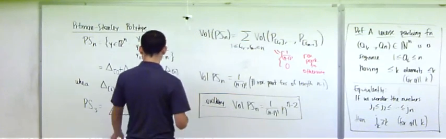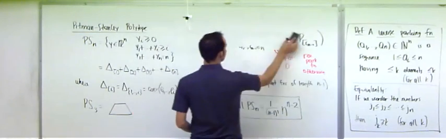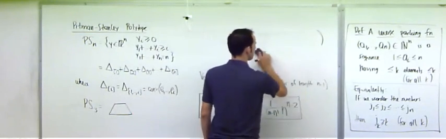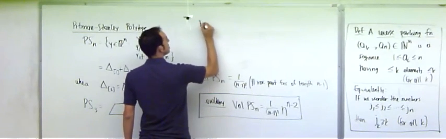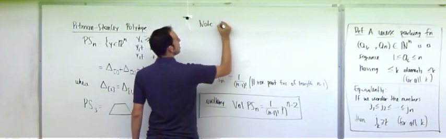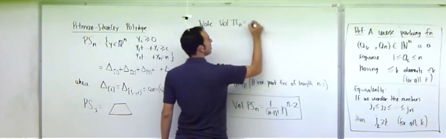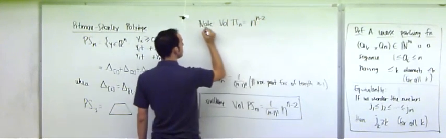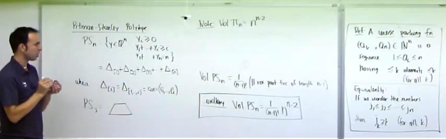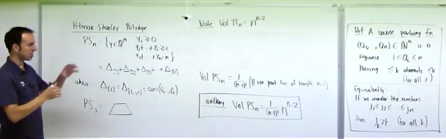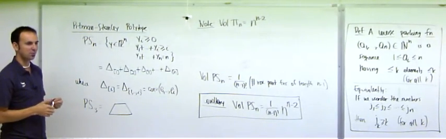So maybe let me erase this because we don't need this anymore. The volume of the permutahedron is n to the n minus 2. Okay? And I had never seen these two things next to each other. I knew both results, but I had never thought about them the same day.